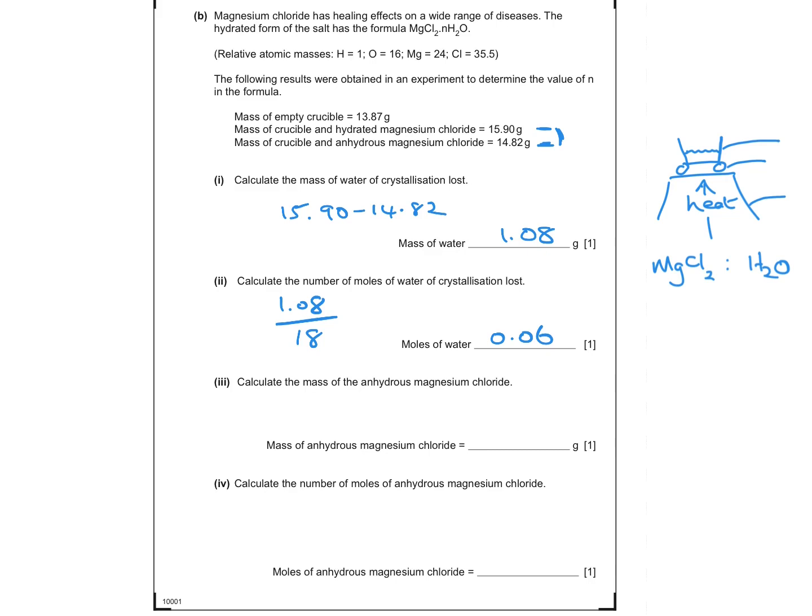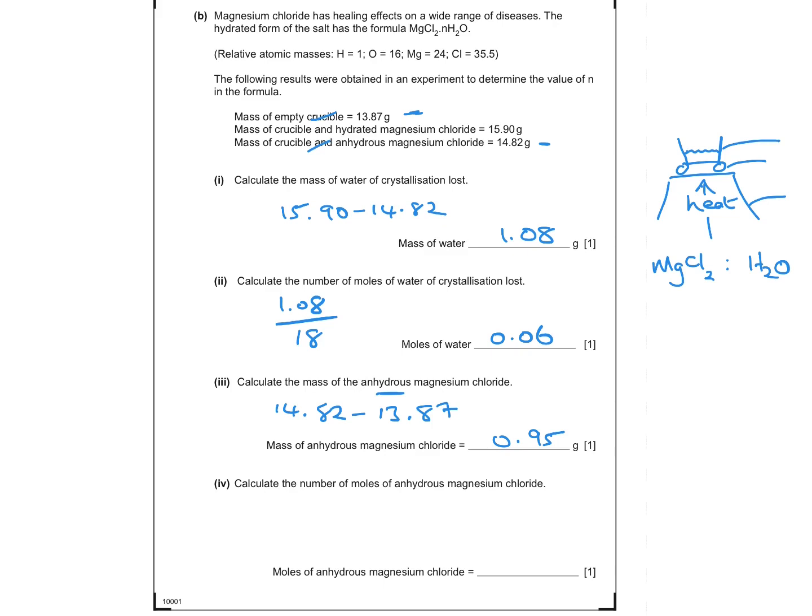Now we want the mass of the anhydrous magnesium chloride. Here we have the crucible and the anhydrous magnesium chloride, and up here is the mass of the crucible. So if we subtract the mass of the crucible from the crucible and anhydrous magnesium chloride, that will give us the mass of anhydrous magnesium chloride. So it's going to be 14.82 minus 13.87, which is 0.95.